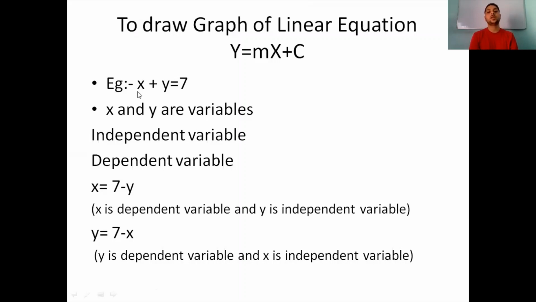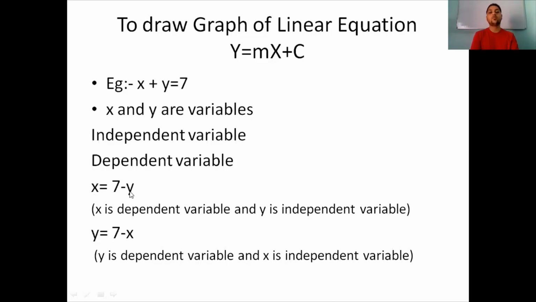This is a linear equation, and x and y are the variables here. We can make independent and dependent variables like this. Now x is equal to 7 minus y, taking y on the other side. So in this case, x is the dependent variable and y is the independent variable.